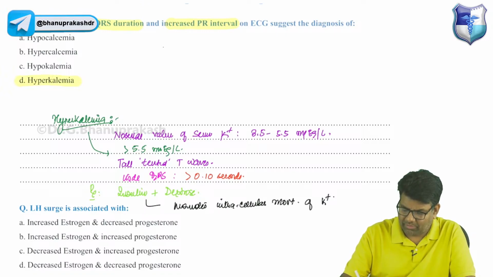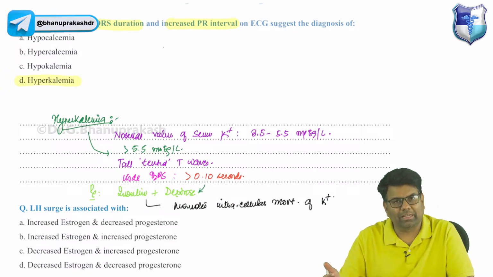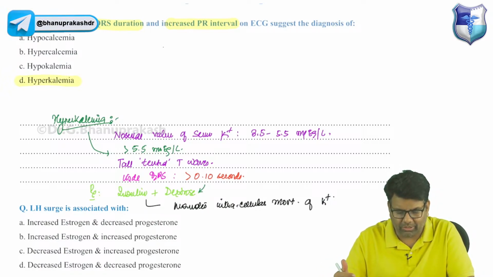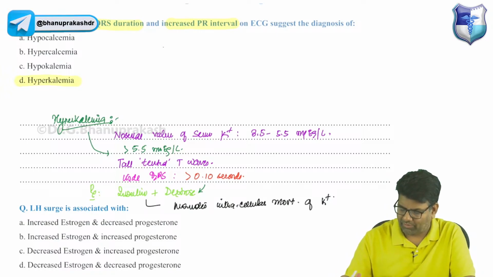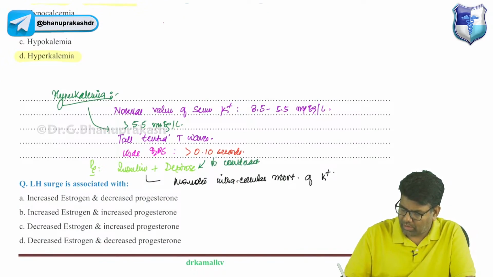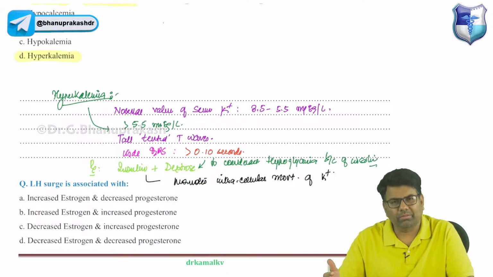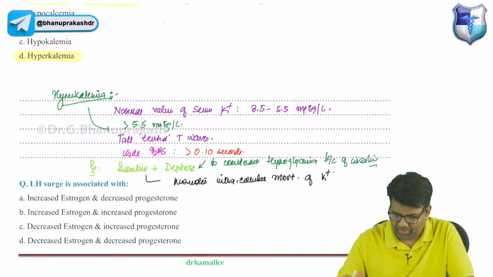But at the same time, insulin can cause hypoglycemia. Therefore, you should also give dextrose. Otherwise, if you give plain insulin, a patient might develop hypoglycemia. So dextrose is given to counteract hypoglycemia. Clear?